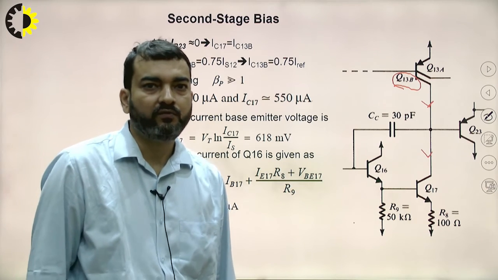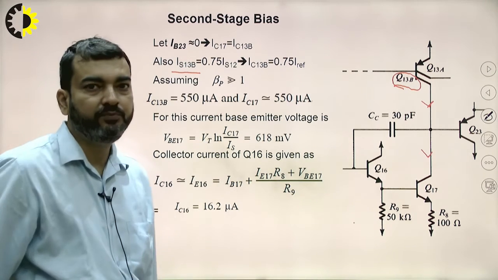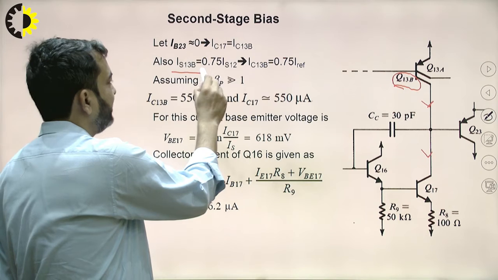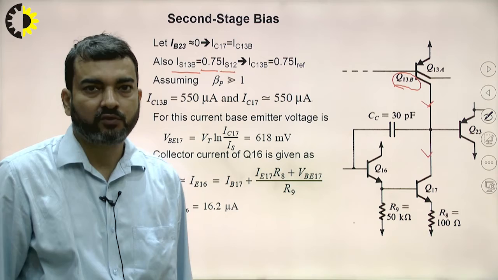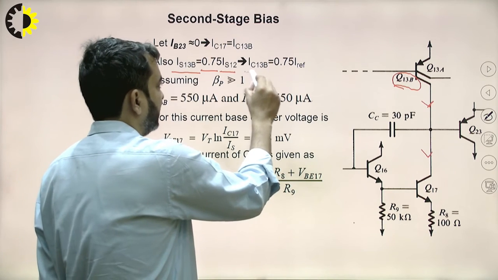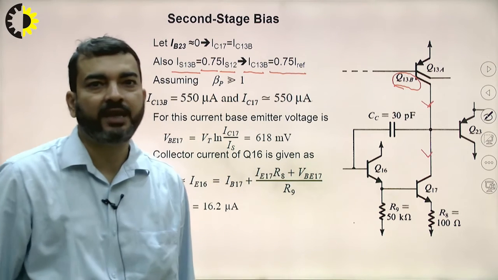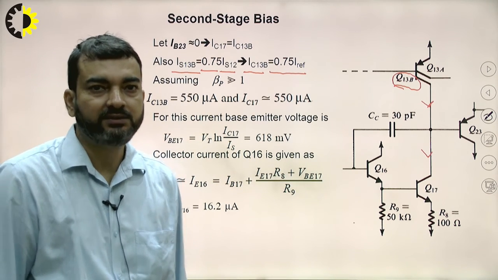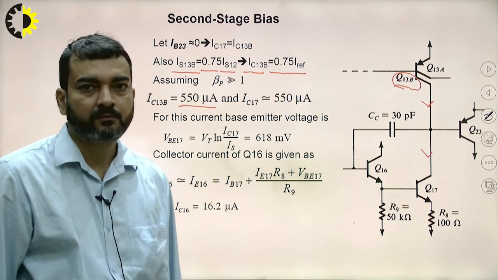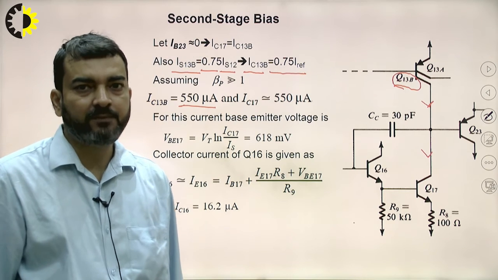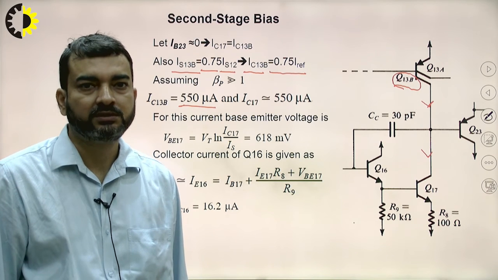Also we note that the scale current of transistor 13B is 0.75 times the conventional scale current. So the collector current of this transistor is 0.75 multiplied by Iref, and this comes as 550 microampere. This same current will be flowing in the collector of transistor Q17.